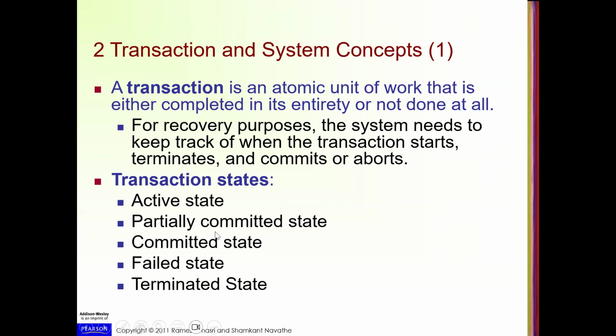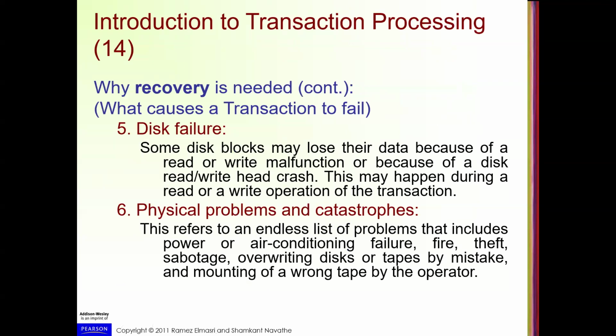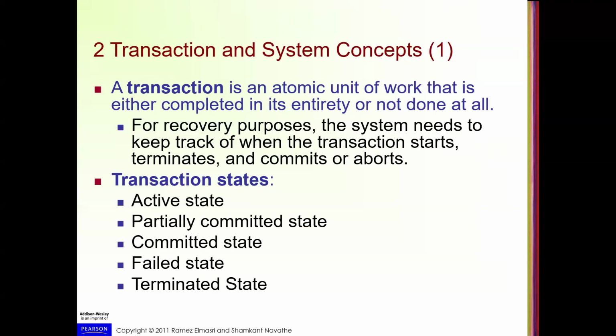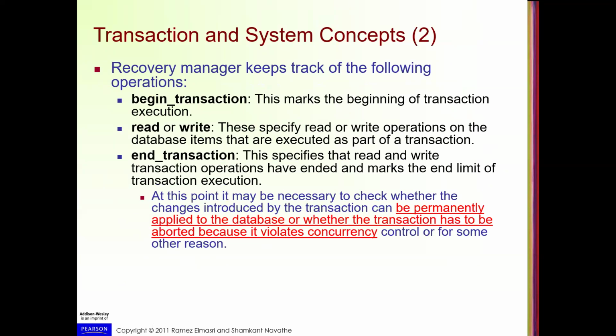If there is any problem while executing, then the transaction is set to fail. This is called the failed state. So how many states of the transaction are there? 5. What are they? Starting is the active state. What is the end one? The terminated state. What is the second one? The partially committed state. And the third one is the committed state, and the fourth one is the failed state.